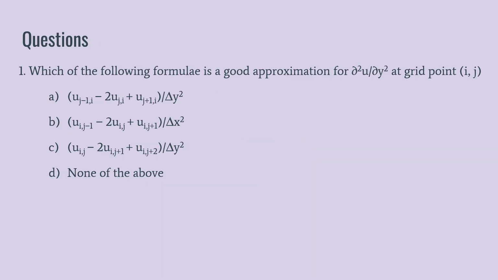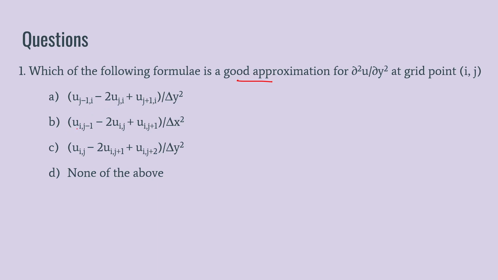So first question: which of the following formulae is a good approximation for ∂²u/∂y² at a grid point i,j? Option A: u at j-1,i minus 2 times u at j,i plus u at j+1,i, the whole divided by Δy².